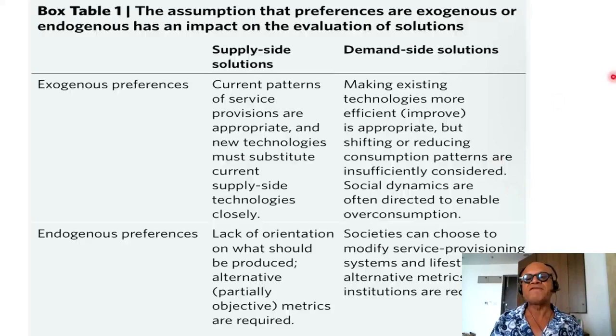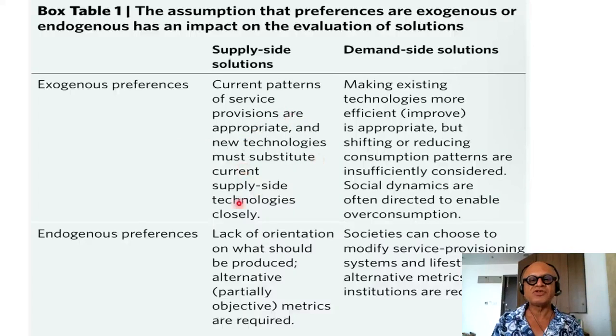The assumption that preferences are exogenous or endogenous has an impact on the evaluation of solutions. So you have supply-side solutions and demand-side solutions, exogenous and endogenous preferences. So supply-side solutions worry about exogenous preferences based on current patterns of service.